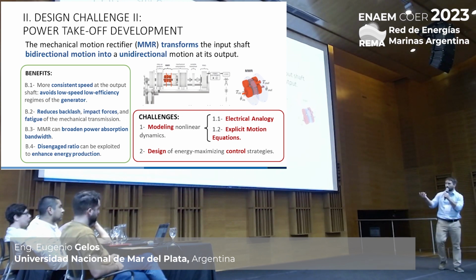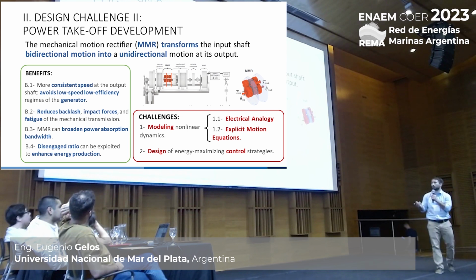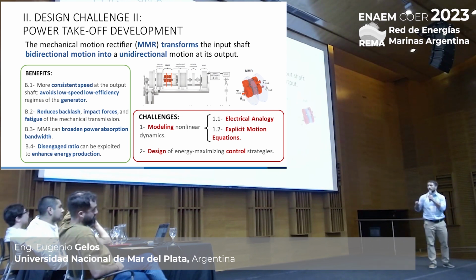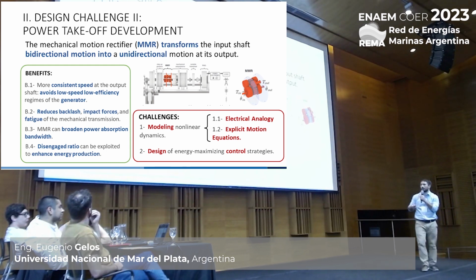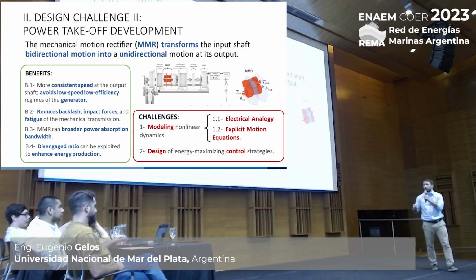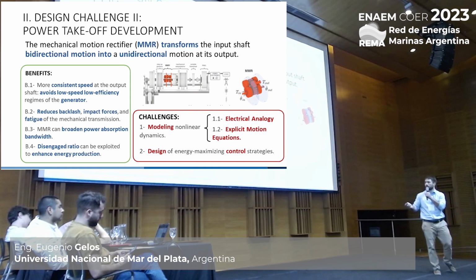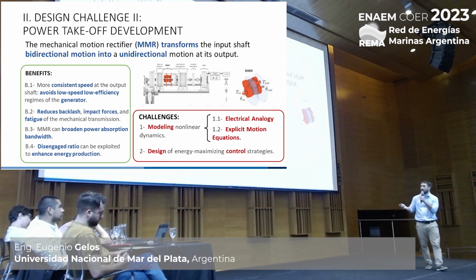Some of the benefits that Pedro has mentioned before too are that the more consistent speed at the output shaft avoids the low speed, low efficiency regimes of the generator. It reduces the backlash and impact forces and also the fatigue.